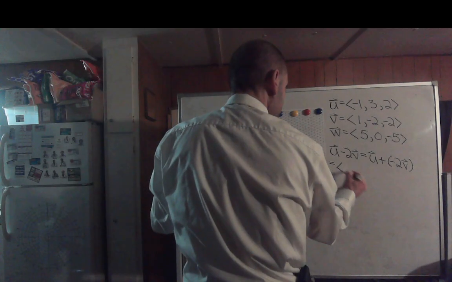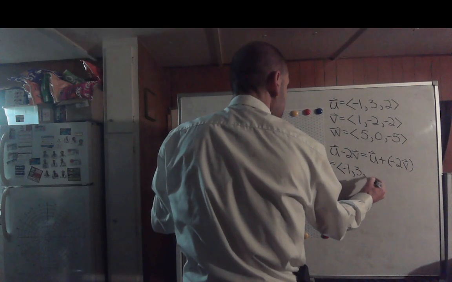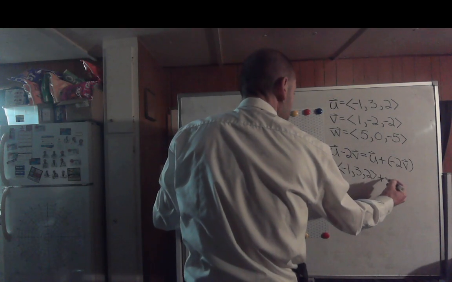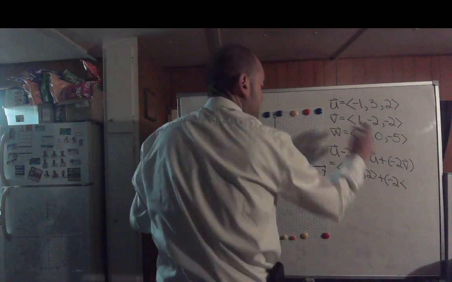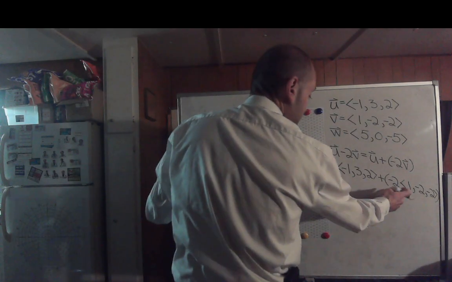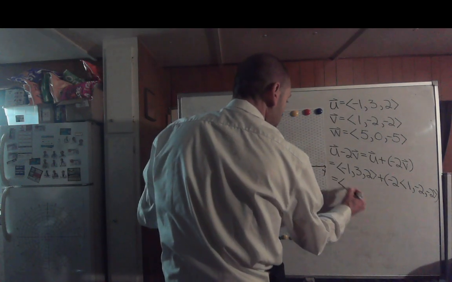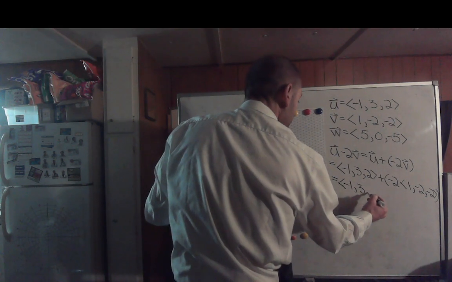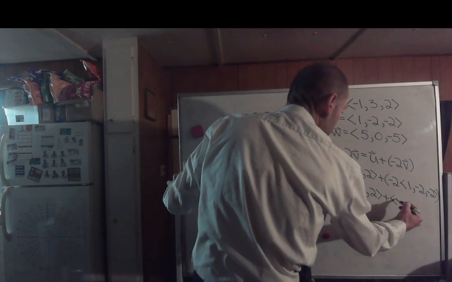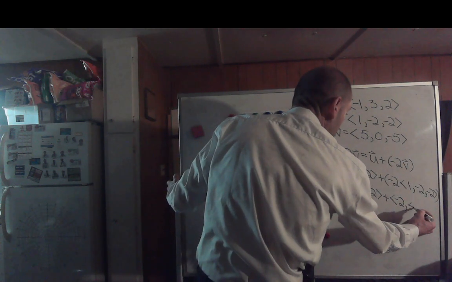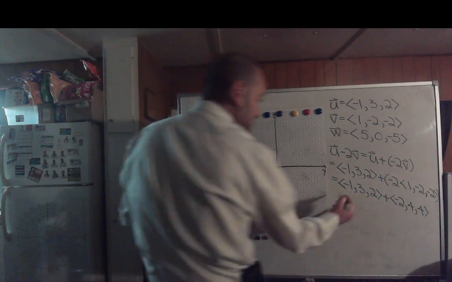Vector u, of course, is -1, 3, 2, plus, inside the parentheses, I'll have -2 times my vector v, which was 1, -2, -2. Now let's distribute that -2 in the parentheses, so I'll have -1, 3, 2, plus distributing that -2 gives me -2, +4, +4.